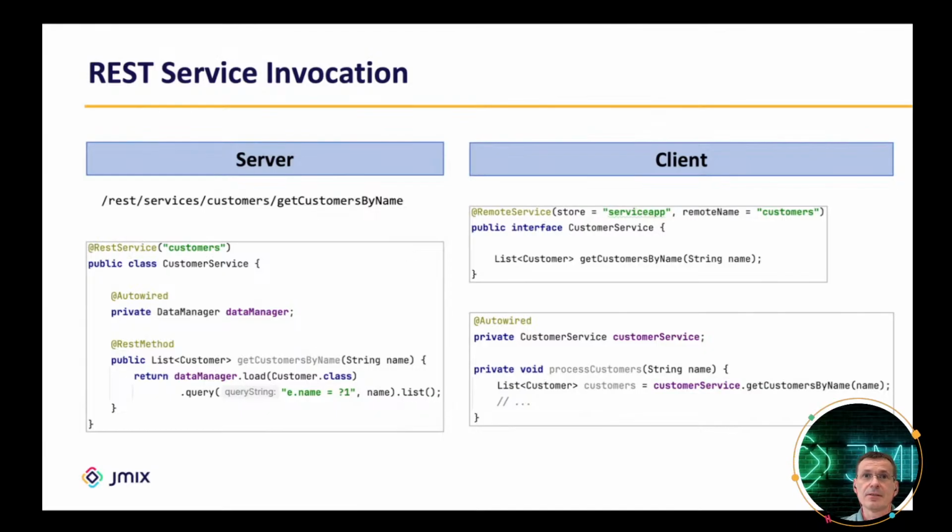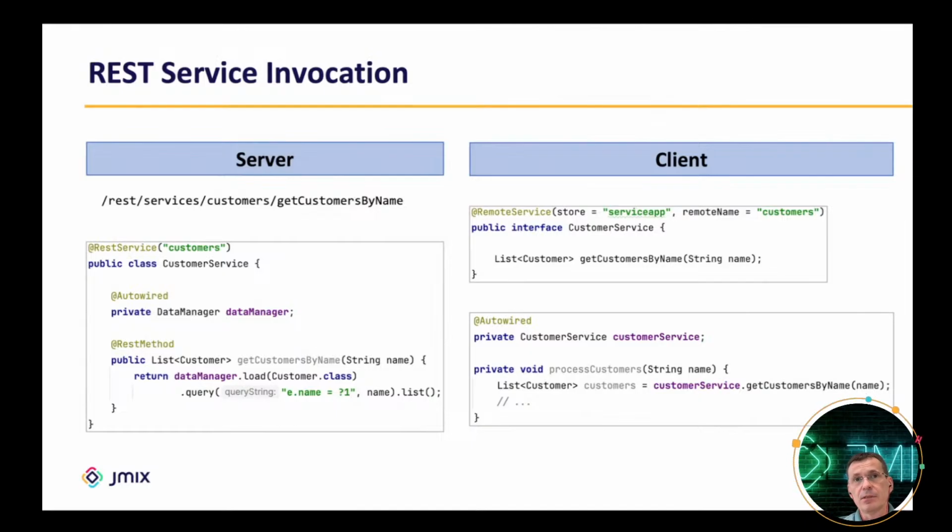First, let's talk about a new feature in the REST data store add-on. This feature greatly simplifies invocation of REST services in a client application that uses the REST data store. For example, if you have this customer service in the server application and you need to invoke it from the client, you should just define an interface with the same methods as in the service and add the RemoteService annotation.